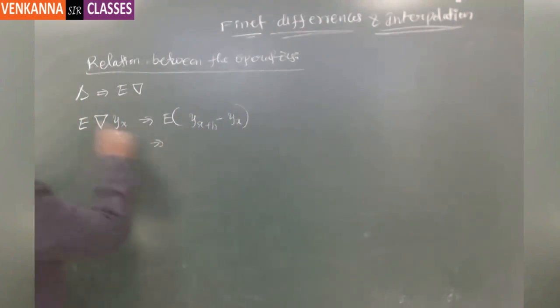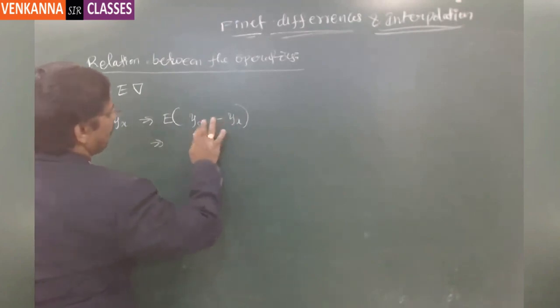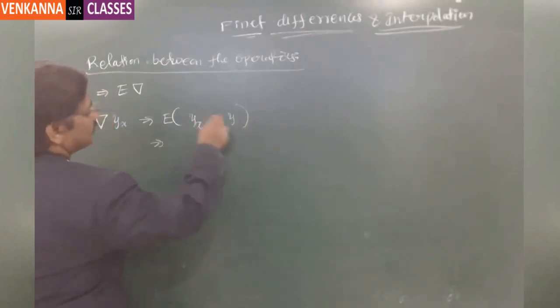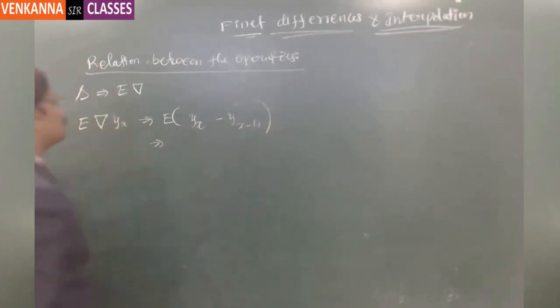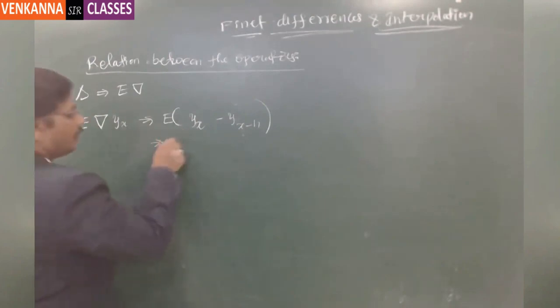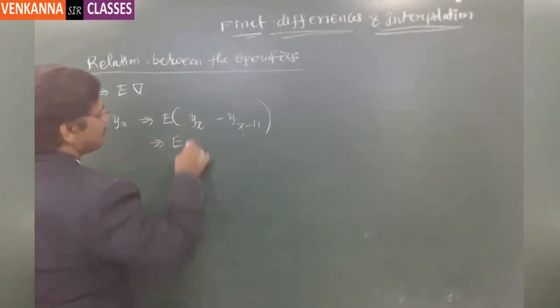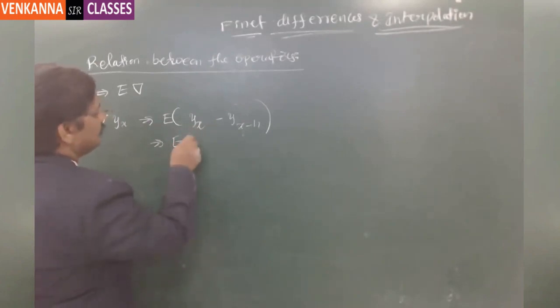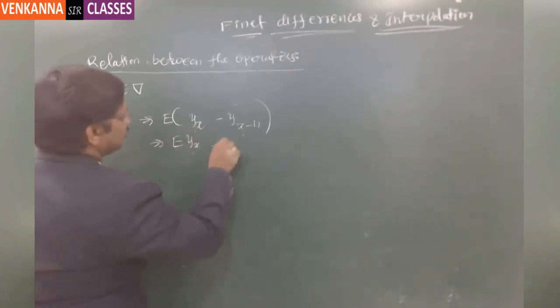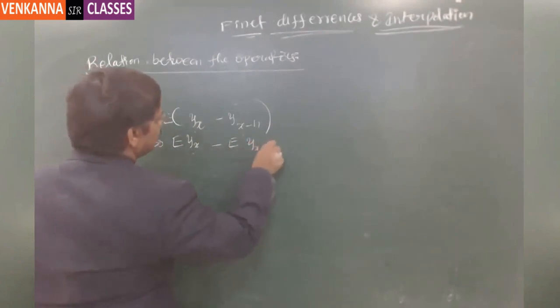Sorry, this is the inverse operator, right? So this is going to be y(x minus h). So this is del operated on y(x), which gives E y(x) minus E y(x minus h).